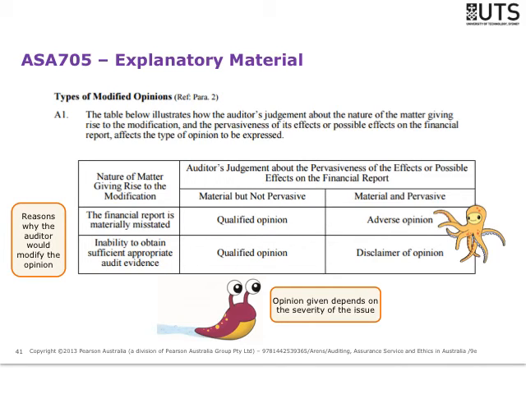But if this is one big account which affects the overall financial statement performance, it becomes adverse if there's material misstatement, or it becomes a disclaimer if we're lacking information. Okay, so these are the two different types of animals that reflect the concepts of material and pervasive under ASA 705.